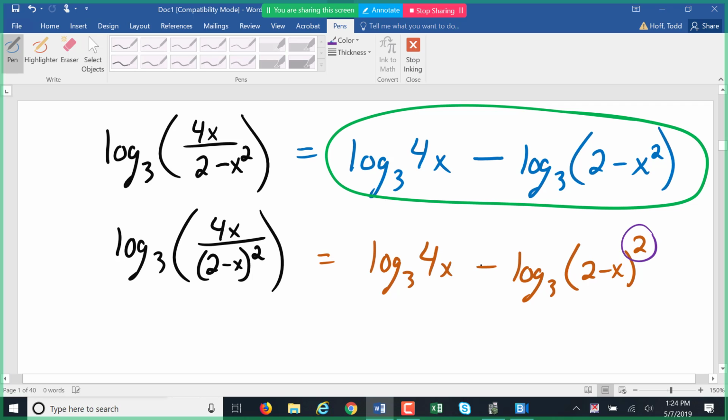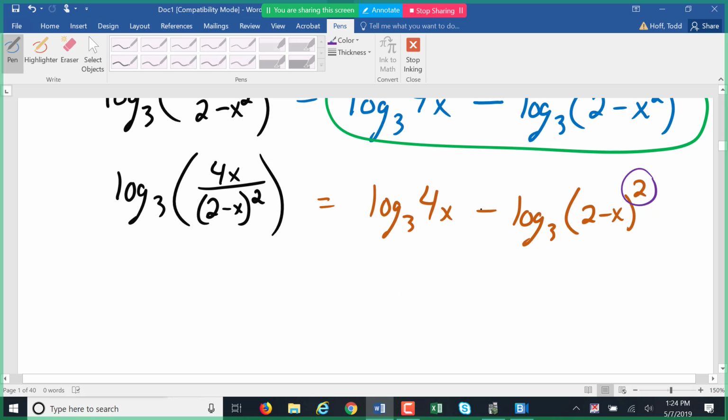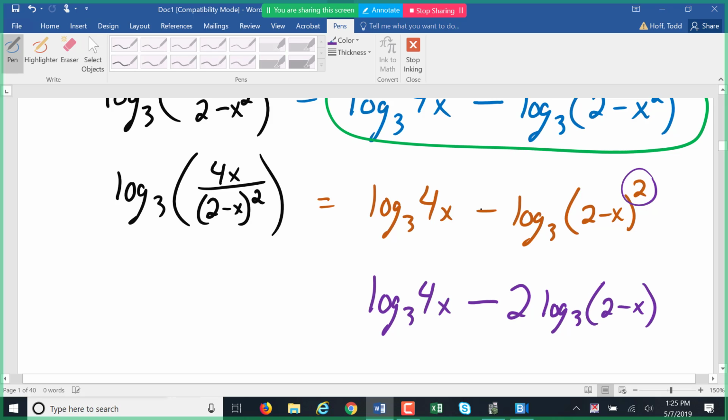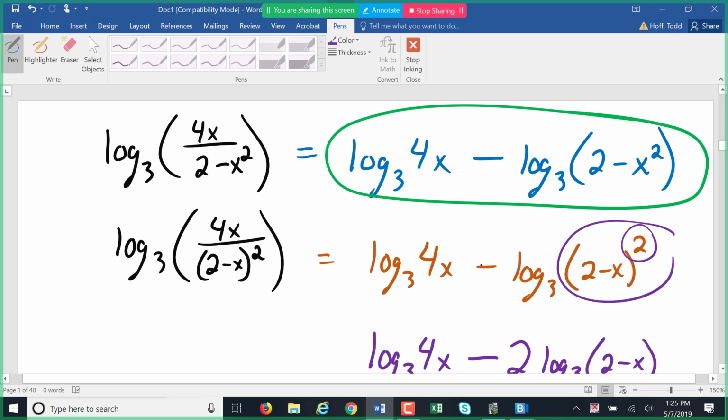Then we could have done that exponent. Since it's on the whole object of the log, then we can bring that out front. So the log base 3 of 4x isn't going to change. This will be minus 2 times the log base 3 of 2 minus x. So that power has to be on the whole object of the log, like it is here, not just on one piece of it like it is up here.